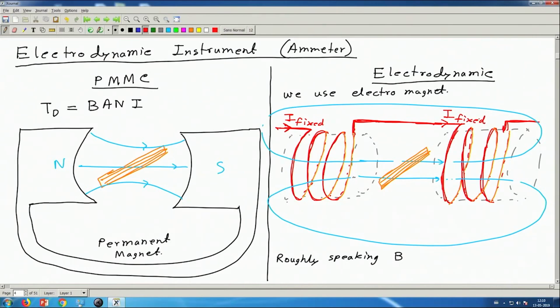They do not move, they do not turn, they are stationary, but this central coil moves. Like here, this permanent magnet does not move, but this central coil moves. Similarly, here these two electromagnets do not move, but this central coil moves. Okay. So, therefore, we call these the fixed coils.